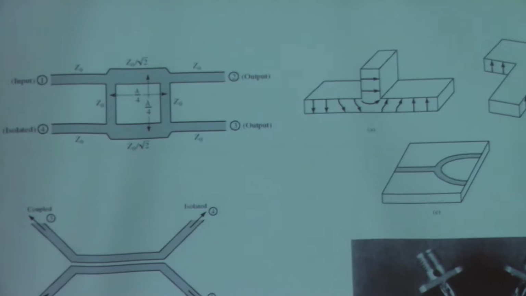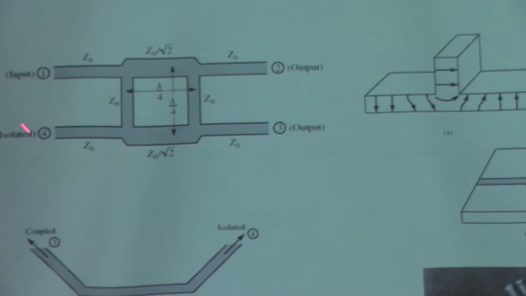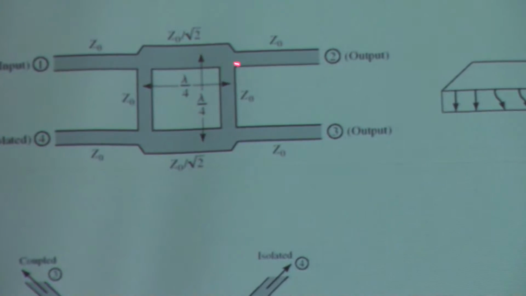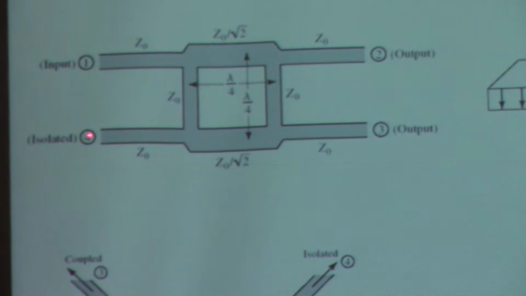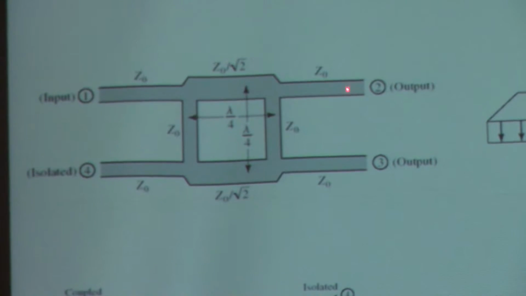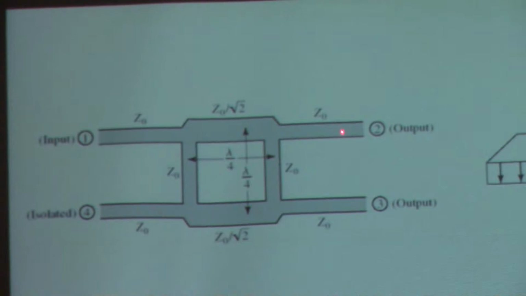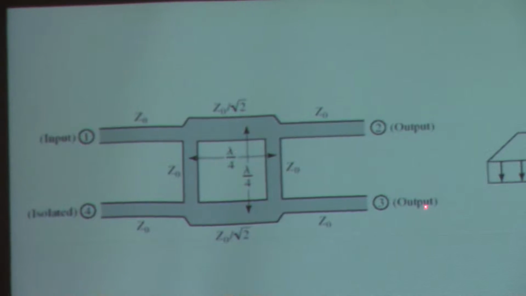That's quadrature. So it's just a piece of metal. We use copper or gold. Then you have an input signal here. You will have 50% of the power if you design 3 dB coming out of here, and another 50% of the power coming out of here.